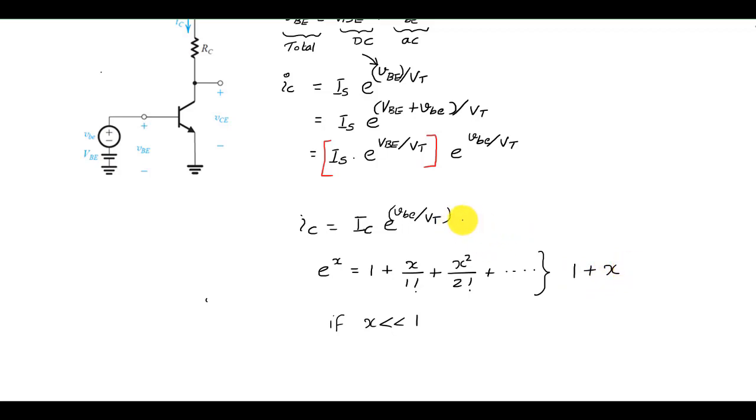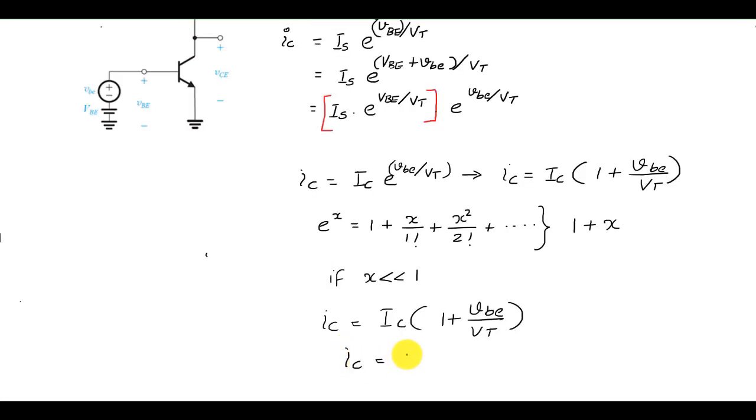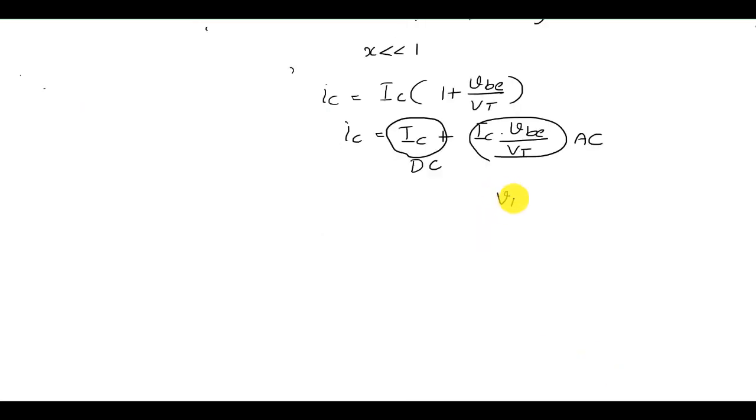So applying that to this equation, iC will become IC times (1 plus vbe divided by VT). That means iC is equal to IC plus IC times vbe divided by VT. This is the DC part and this is the AC signal part of the iC. And this is valid only for vbe much less than VT.